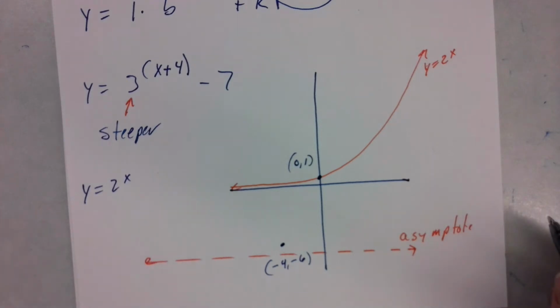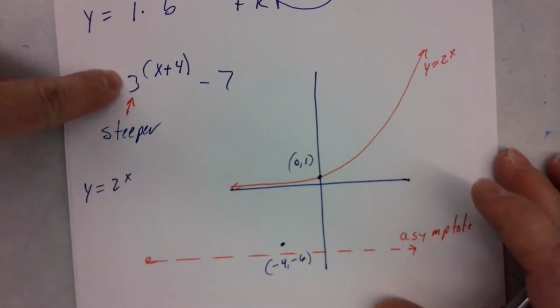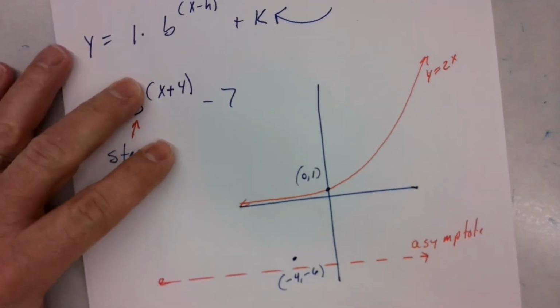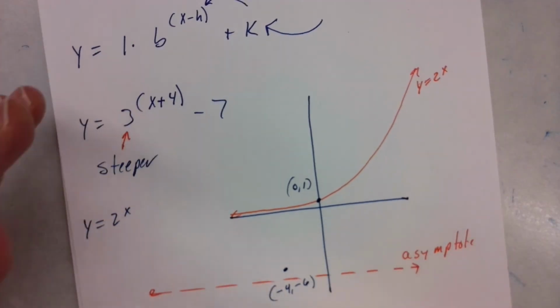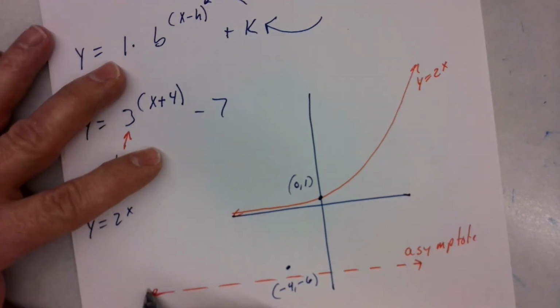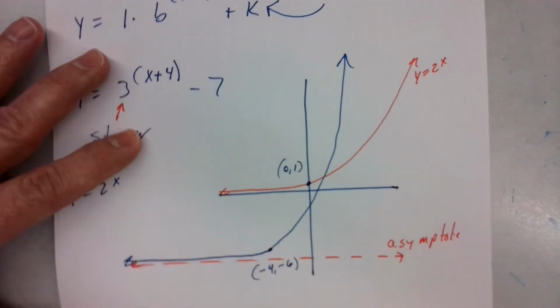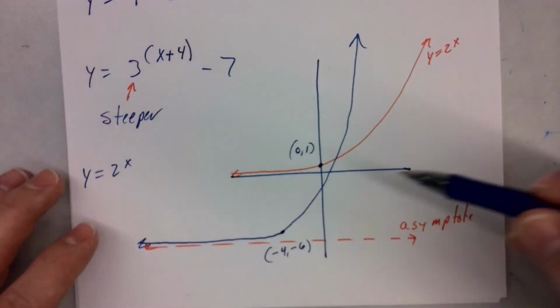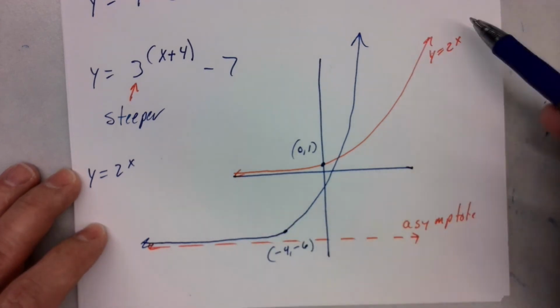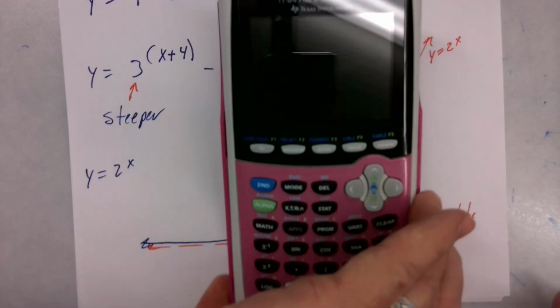It's going to be, you said this, it's still steeper because this one had a base of 2, mine has a base of 3. To the naked eye, you probably wouldn't even know the difference. But it will be kind of like that. And you can tell that this line is steeper than that line. Does that make sense?